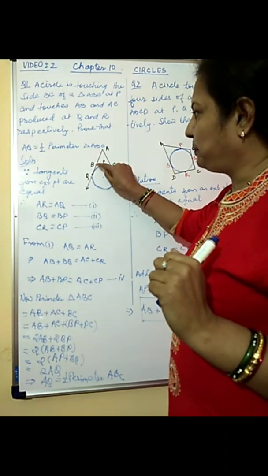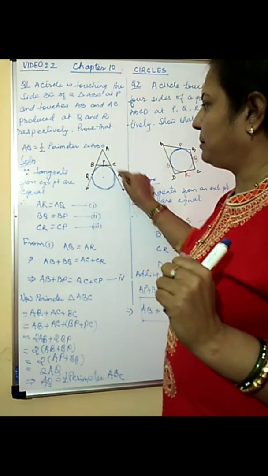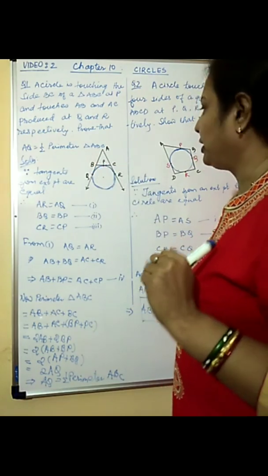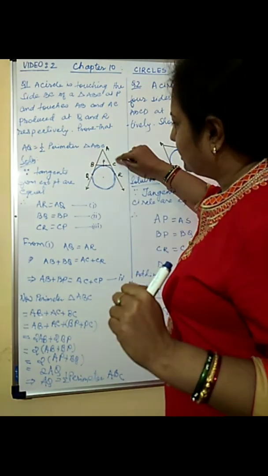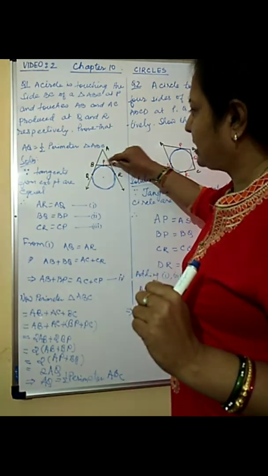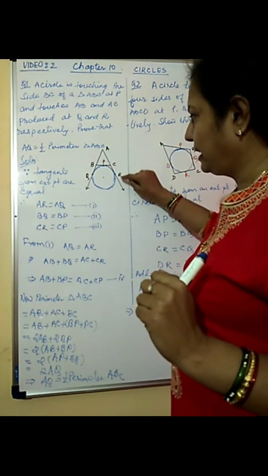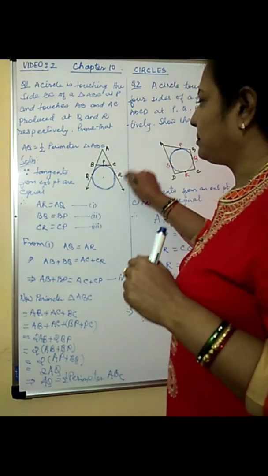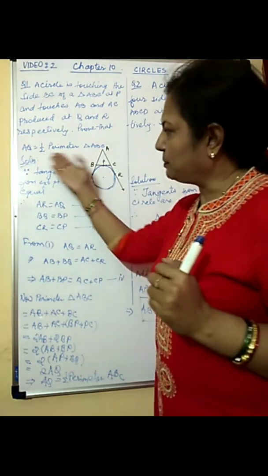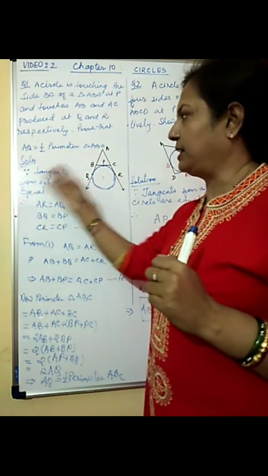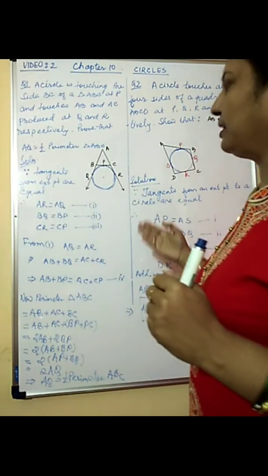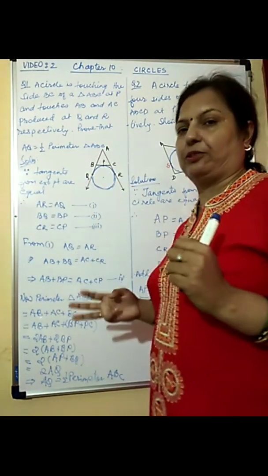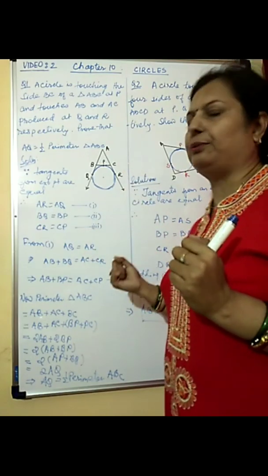These are again a pair of tangents drawn to the same circle, and this time the exterior point is B. And then the third one is C. CP and CR are again two tangents drawn from the exterior point C to the same circle. So just by using this one property, that tangents from an exterior point are equal, we are getting three pairs of tangents which are equal to each other.